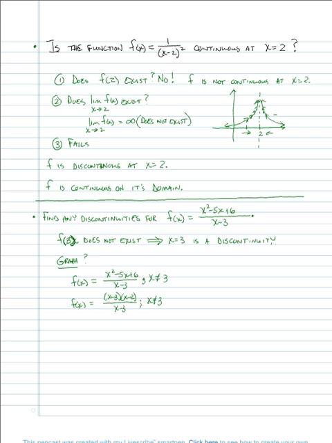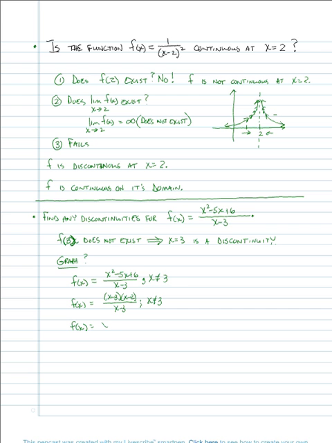Now, if we cancel, we're changing the function a bit. If we cancel these x minus 3s, that's all right if we remember that x couldn't be 3 to begin with. Because if x is 3, this is not defined, but x minus 3 over x minus 3 for all other x values is just 1.